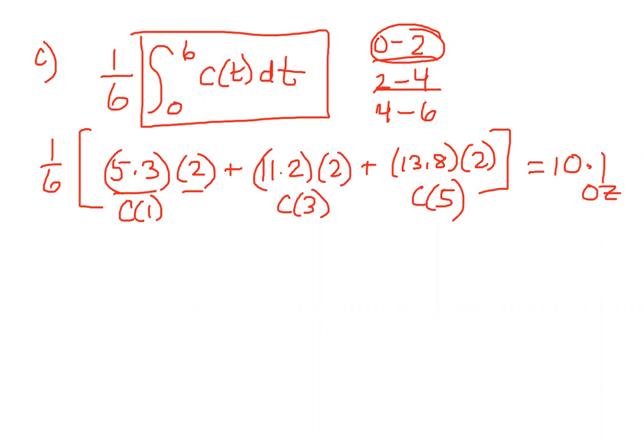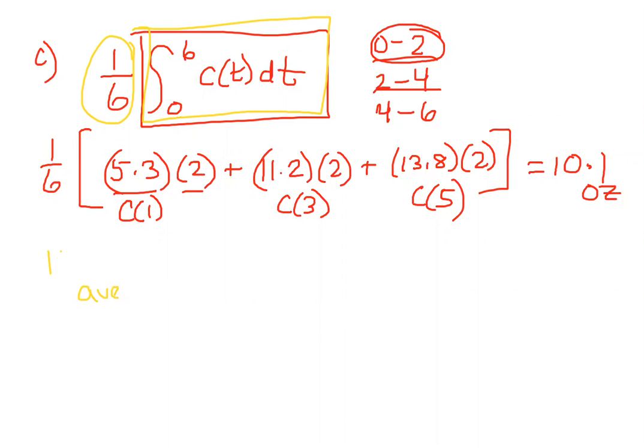Now it says, explain this in the context of the problem. All right, well, this right here is the total amount of coffee in the cup. But because we divided by 1/6, that told us that we're finding an average value.